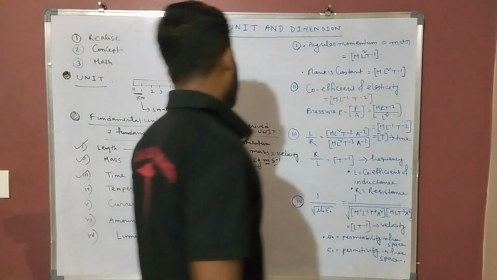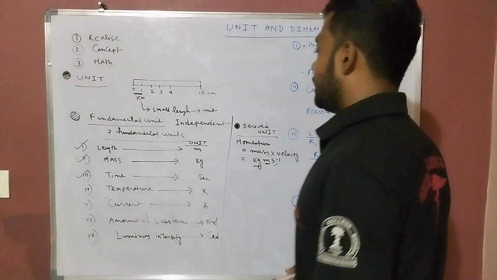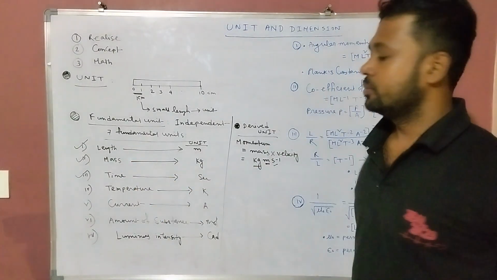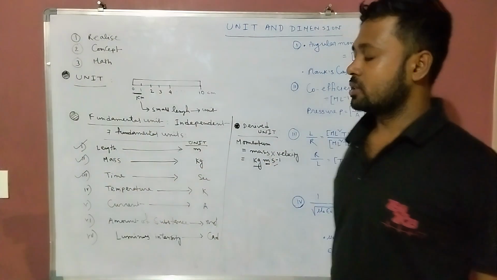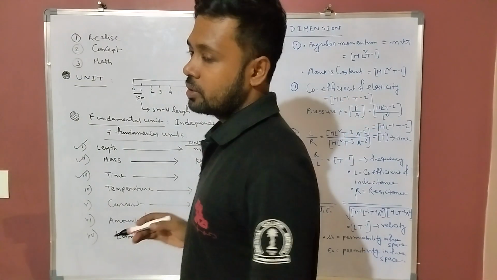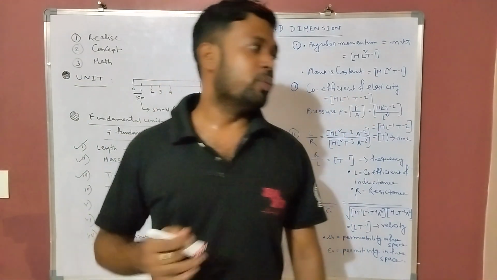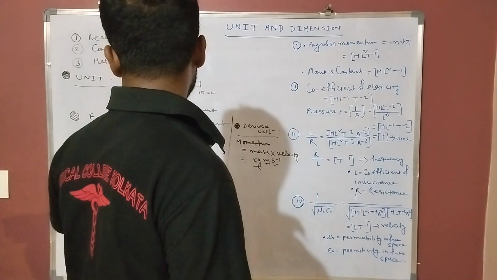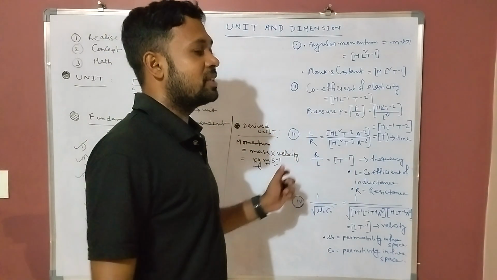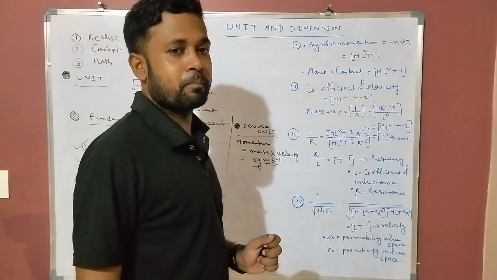So the unit of momentum is derived from the units of length, mass and time. Understood or not? That's why momentum is a derived unit.